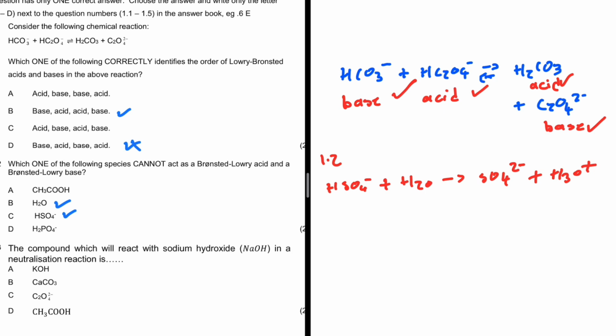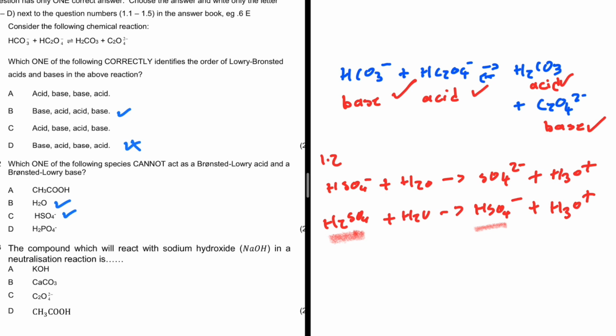As you can clearly see here, it is acting as an acid because it donates a proton. But H2SO4 plus H2O gives you HSO4 minus plus H3O plus. Clearly here we have H2SO4 as our acid and HSO4 minus as our conjugate base.